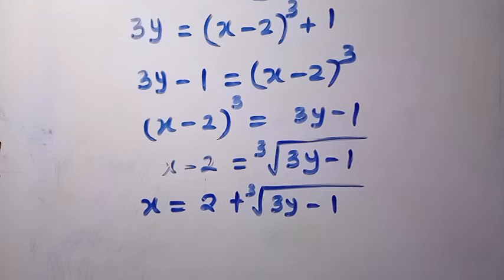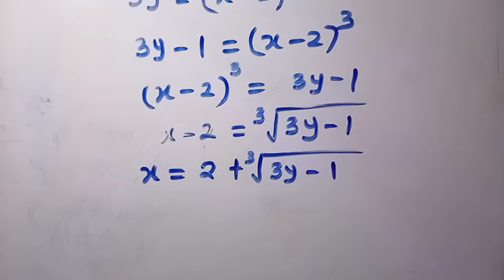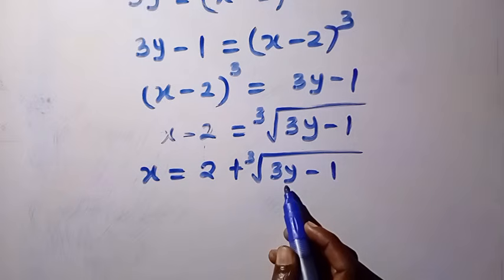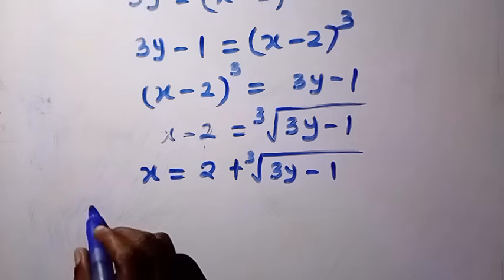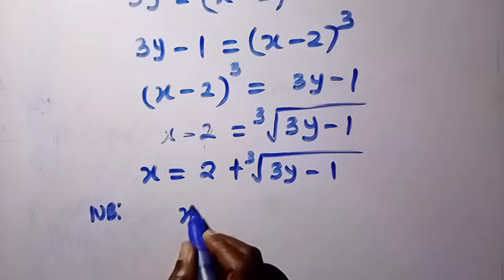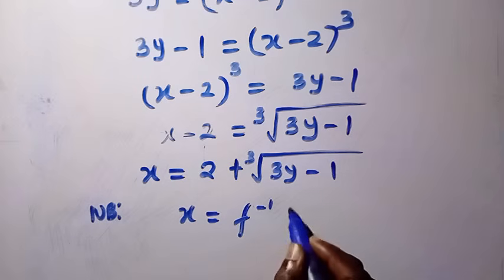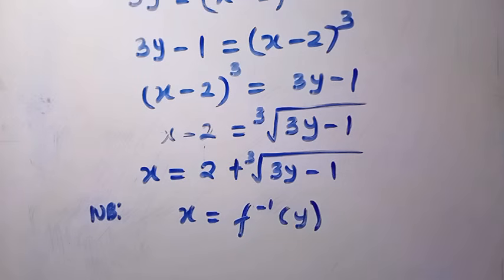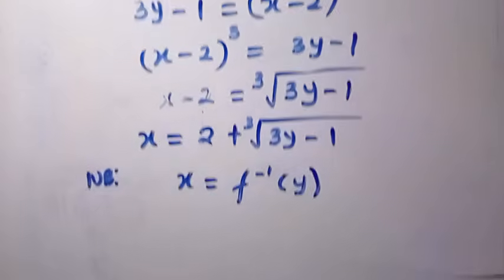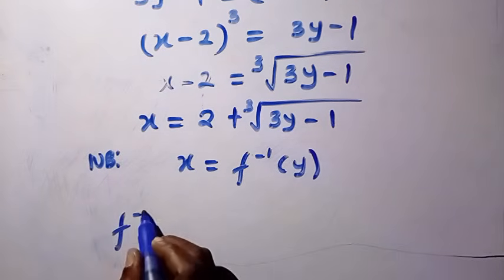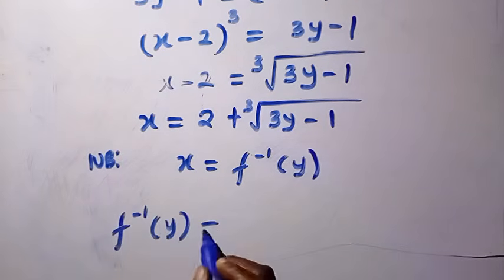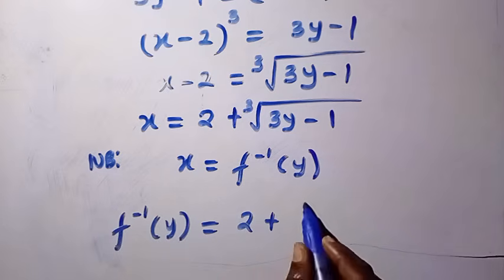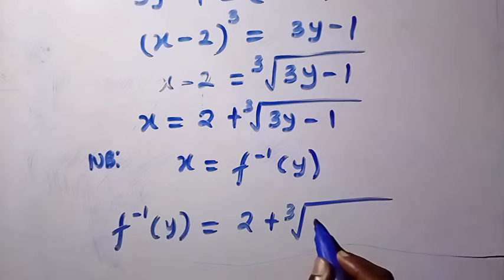On getting this, we have to replace every single y here with x. But don't forget that initially we let x equals f inverse of y. So we replace it, and we have f inverse of y equals 2 plus the cube root of 3y minus 1.